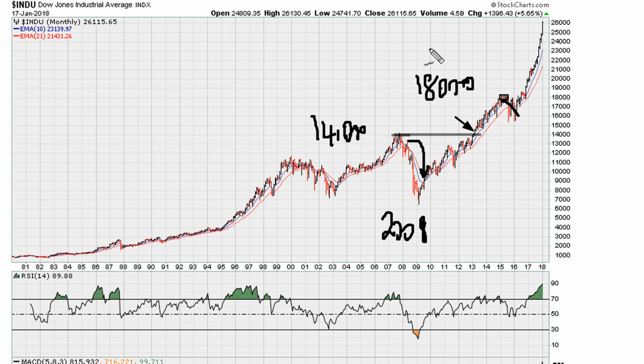The only way the Dow can move to 19,000 or 20,000 or 21,000, or even heck, the current high is at 26,000, the only way is if it was to break out above 18. That's the only way. Right? You have to clear the previous highs if you're going to make substantial improvement above the previous highs.